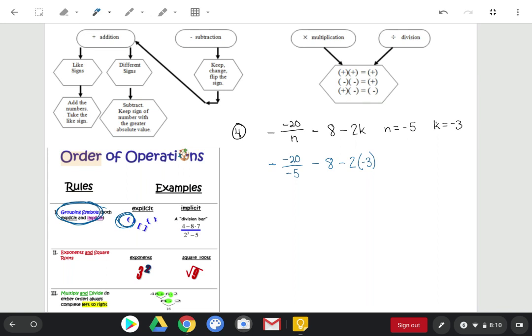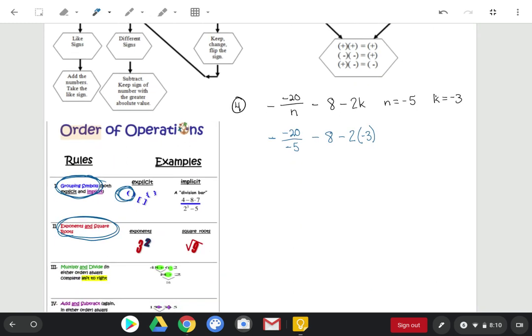So we don't have grouping symbols, okay? Then we're going to look for exponents and square roots. And in this particular problem, we do not have exponents and square roots. So the next thing we need to do is look for multiplication or division. And we do have both multiplication and division. So we need to go from left to right.